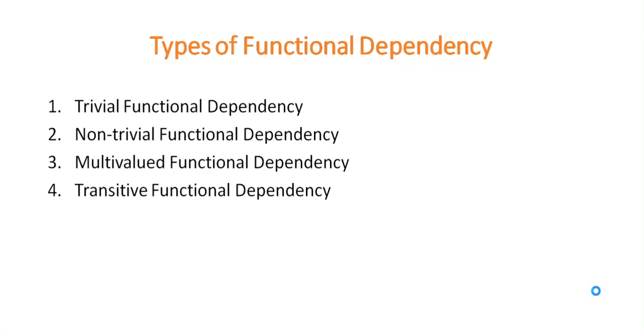Some relations may have trivial functional dependency, some may have multi-valued functional dependency, some may have transitive functional dependency, but it is not always the case that one relation has all functional dependencies. So for each functional dependency, we need to take different types of examples.